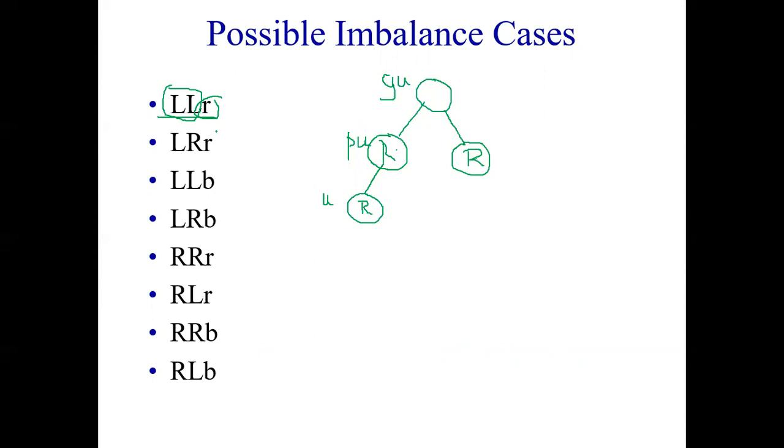So you can say, see here, if it is an R kind of imbalance, that is if the sibling is in red color, wherever the sibling is in red color, it is just enough to perform recoloring.